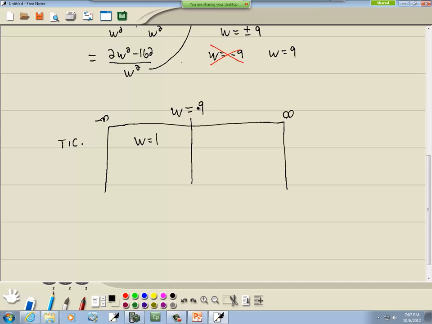It's between negative infinity and 9, but I don't want to choose a negative, not that it really matters, but just to keep things making sense. And then a value between 9 and infinity, like 10. And then we want to plug that into our first derivative, which is 2W squared minus 162 over W squared.